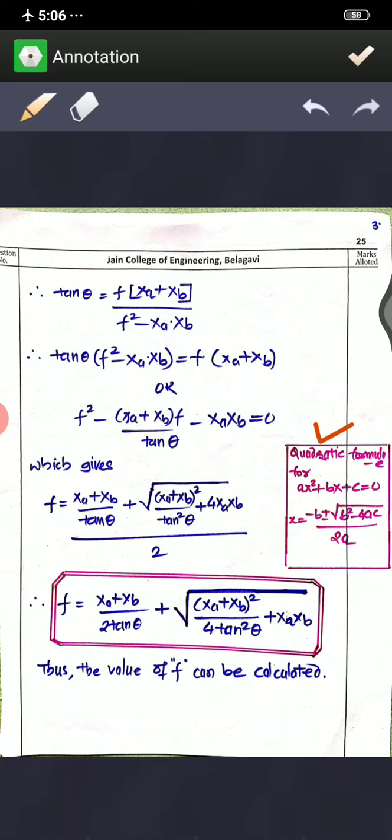The same thing I can write in this fashion: f is equal to xa plus xb divided by 2 tan theta plus square root of xa plus xb square divided by 4 tan square theta plus xa xb.